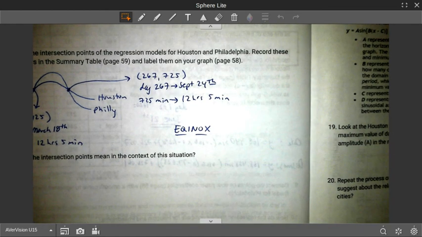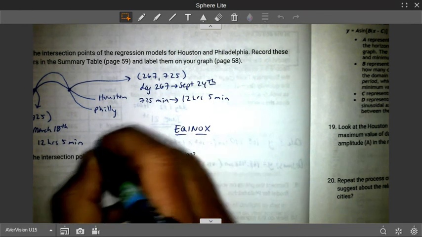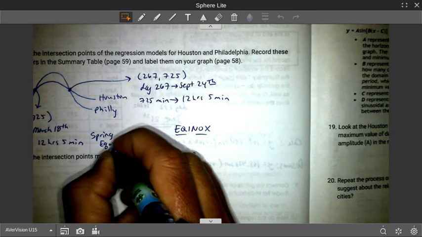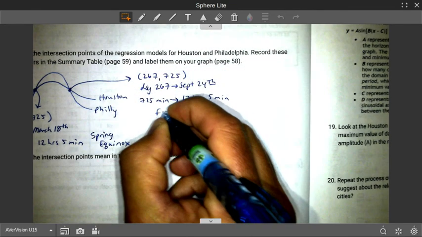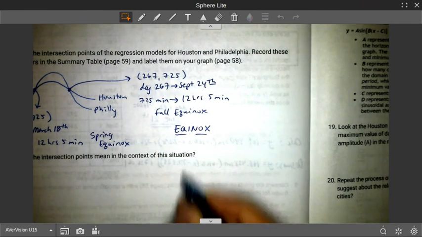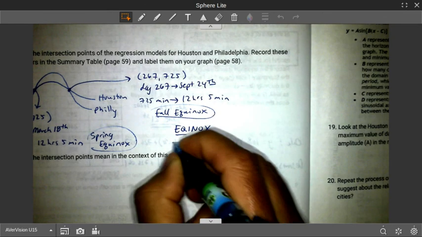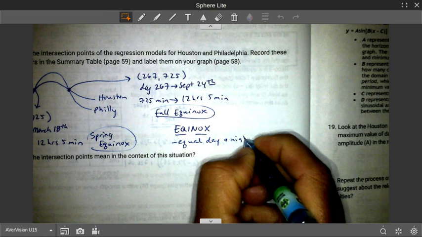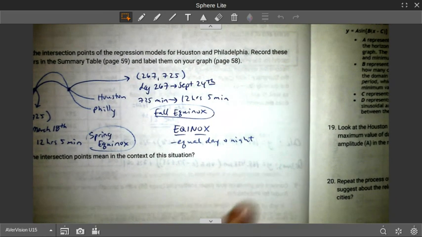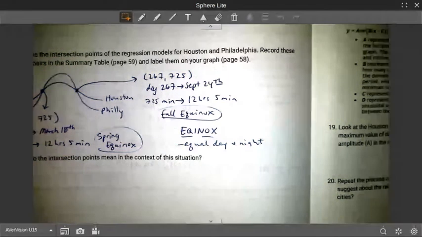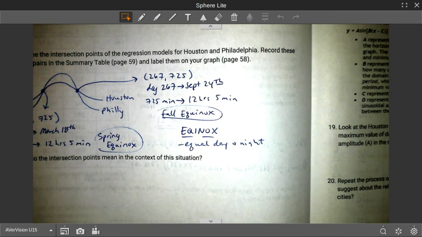So we have the spring equinox, which happens in the first part of the year, and we got the fall equinox in the second part of the year. Hopefully you can practice this on your calculator and in Desmos, and we'll come back next video and wrap it all up.